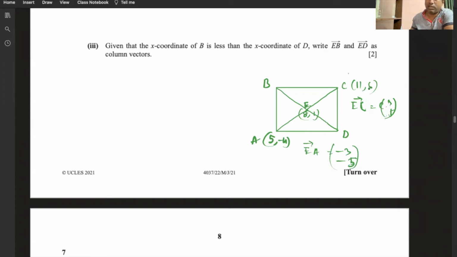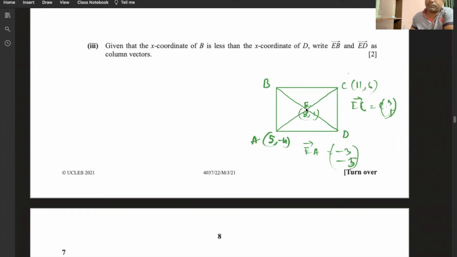Now if I start from E to C, if I write it in column vector, I need to go 3 units to the right side and 5 units upside.